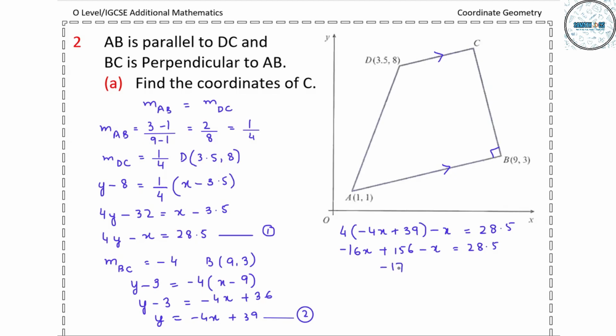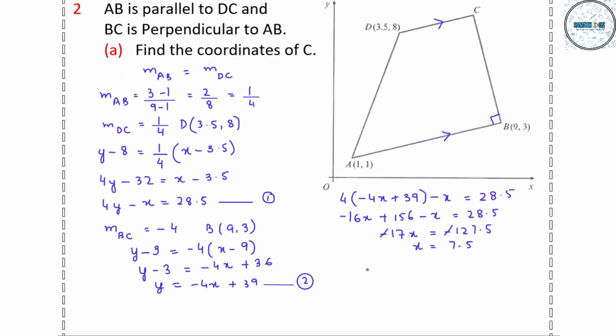Minus 17x is equal to 28.5 minus 156, which is minus 127.5. So the negative sign will be cancelled out. x is equal to 127.5 divided by 17, which is 7.5. Now we can find out the value of y by substituting the value of x in equation 2.